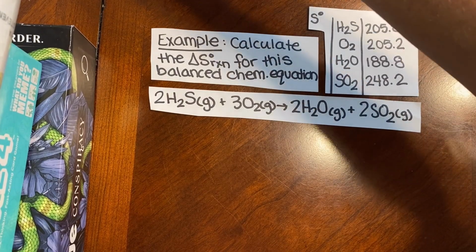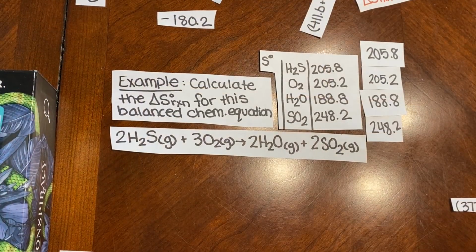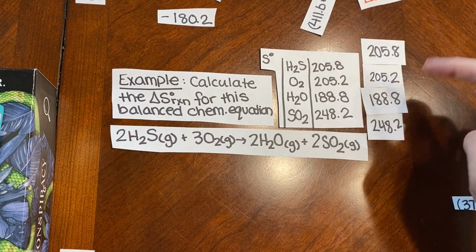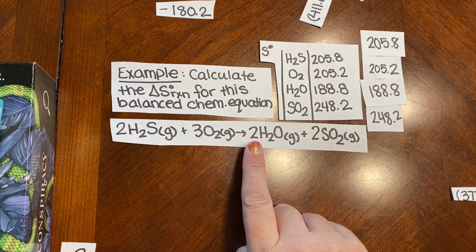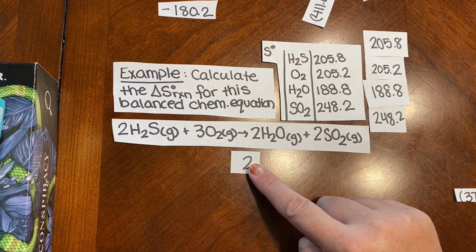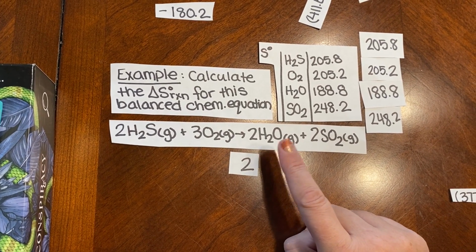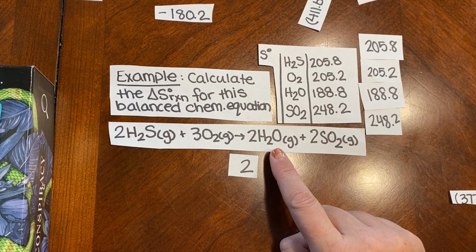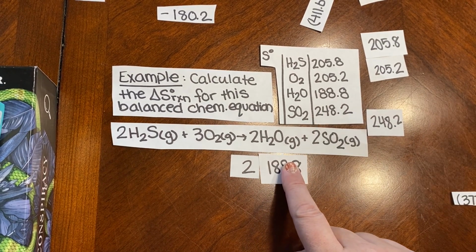Looking at this example, if we look at water, water has 2 moles as its coefficient. So I'm going to put a 2 here. Then I'm going to multiply by the standard entropy for water, which is 188.8.